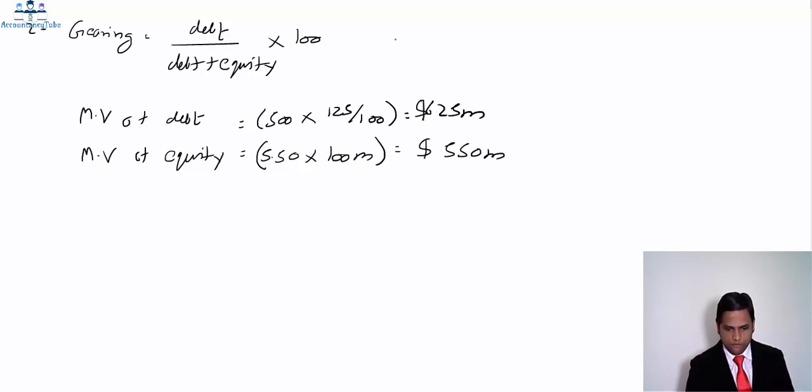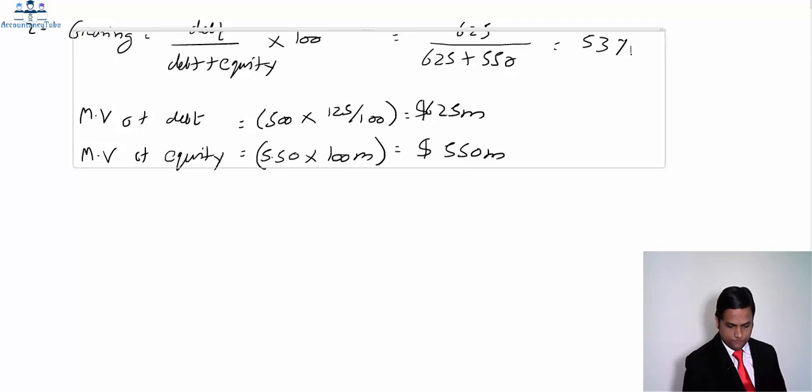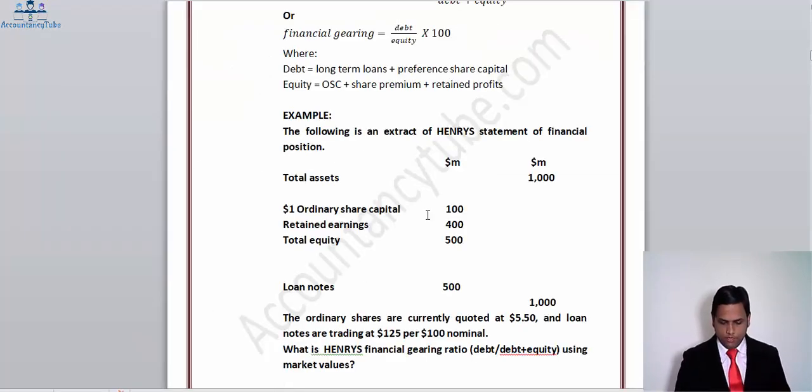Now putting the figures in our gearing formula, that is debt over debt plus equity, 625 over 625 plus 550 will give us 53%. So this company, Henry, is about 50% funded by debt. The gearing has increased. That's the computation of the example pertaining to the ratio of financial gearing.